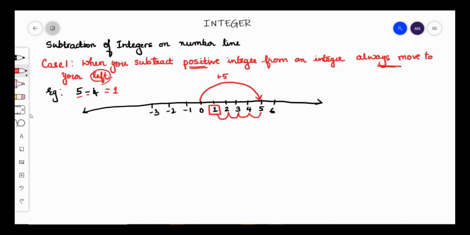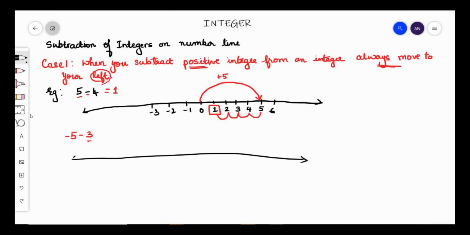Okay, now let us subtract a positive integer from a negative integer. So let me take minus 5 minus 3. Here 3 is the positive integer, minus is the subtraction symbol. Let me draw a number line.